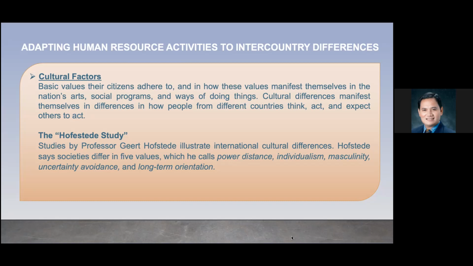For example, the head of group purchasing at Michelin says that when he gives performance feedback in France, employees don't think it's necessary to mention what's right because they already know what they've done right. Instead, they focus on what's wrong.